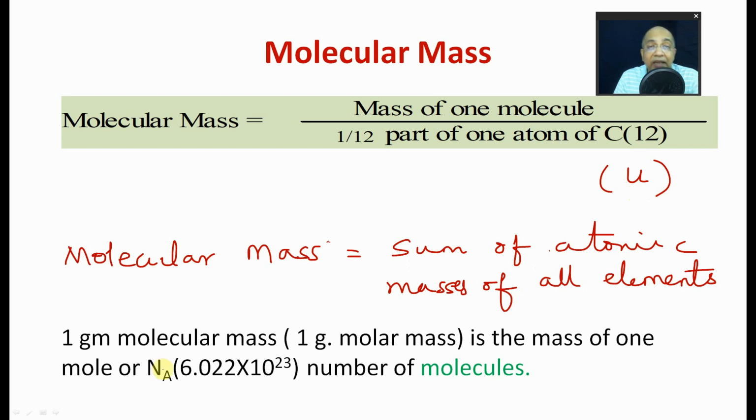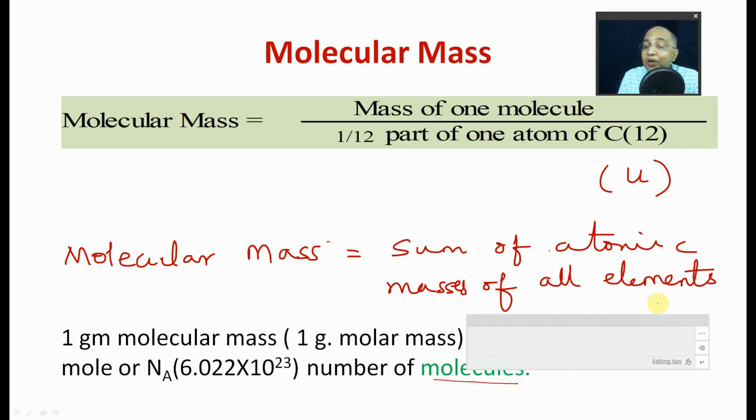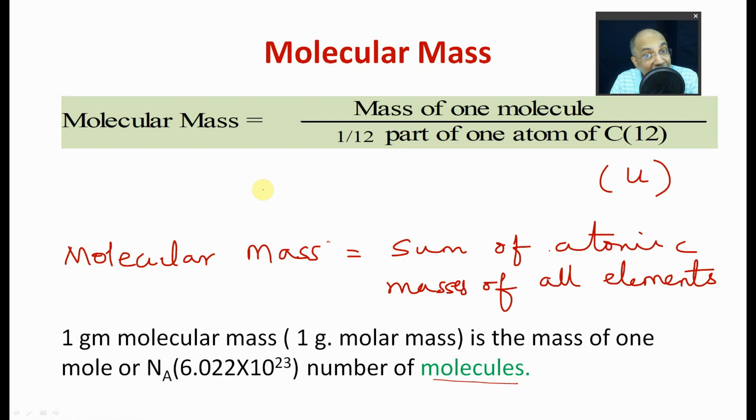And just like 1 gram atomic mass contains 1 mole of atoms, similarly 1 gram molecular mass, also called 1 gram molar mass, is the mass of 1 mole of molecules. There it was atoms, and here molecules. So the term mole can be used for atoms, ions, as well as molecules, electrons, protons, everything.